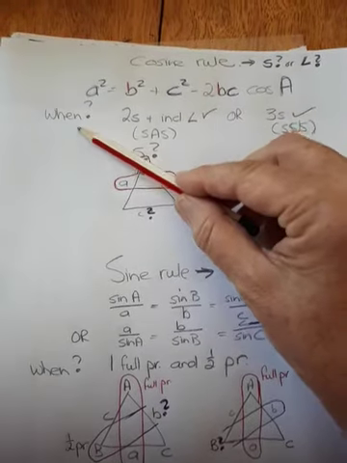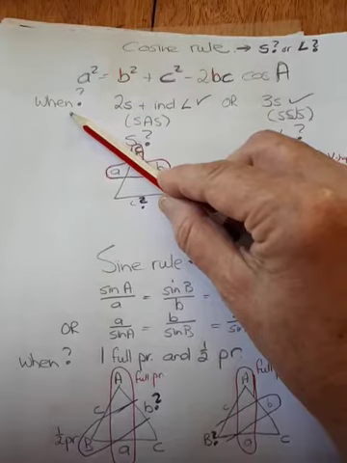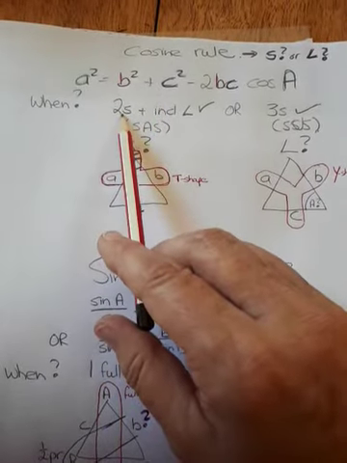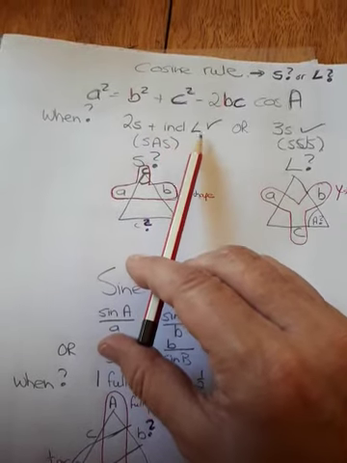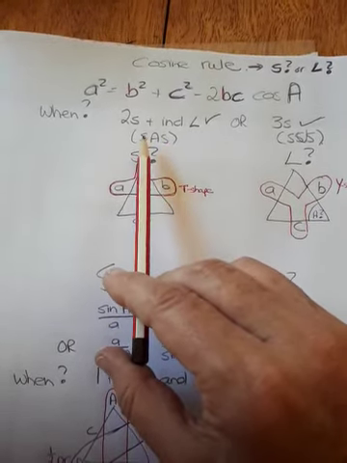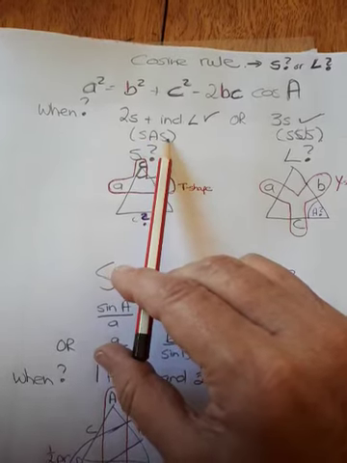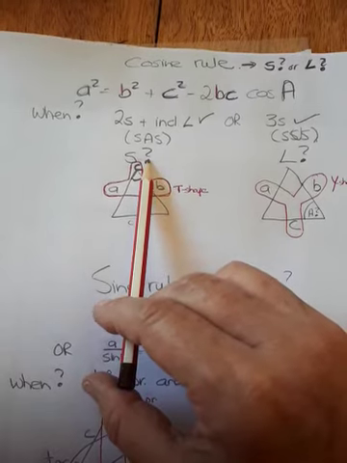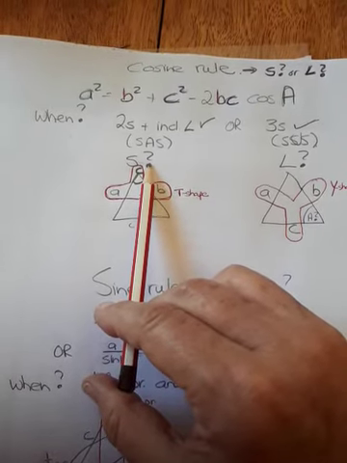So when are we going to use the cosine rule? Okay, the cosine rule is used when we are given two sides and an included angle. So SAS, standing for side, angle, side. So the angle is included. And when the third side is being asked. All right.